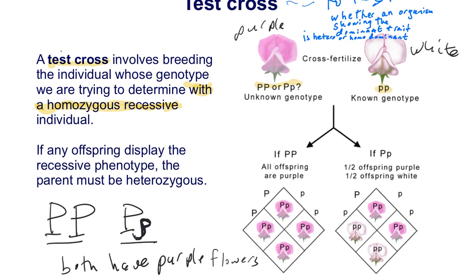A test cross is a cross that will tell you which one of these is. The evidence of the offspring will tell you whether it's homozygous dominant or heterozygous.